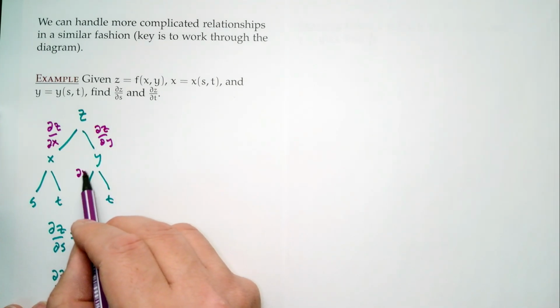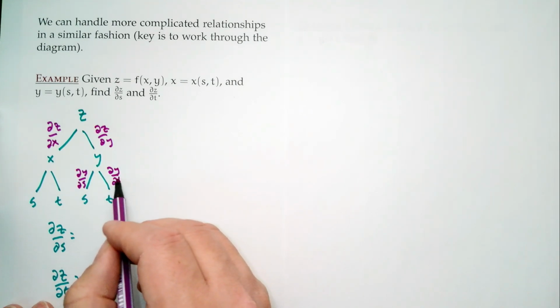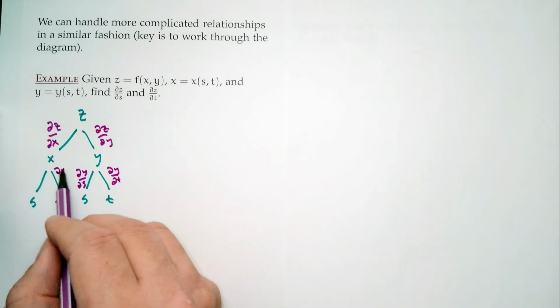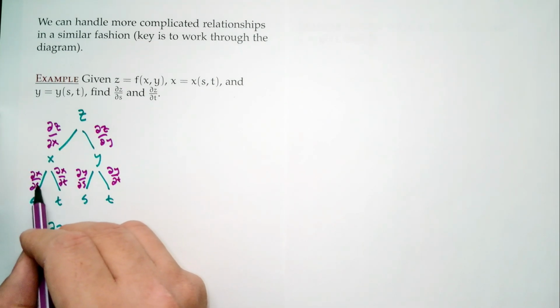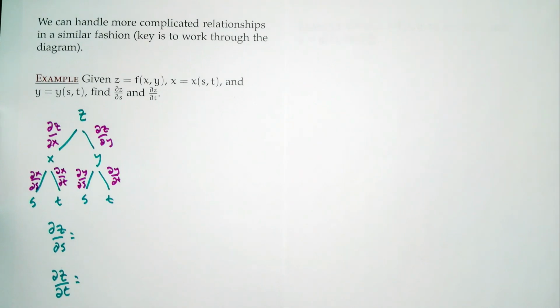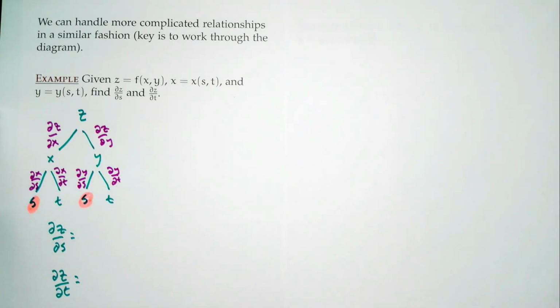I see y depends on two things, partial y partial s, partial y partial t, and similarly partial x partial t, partial x partial s. So if I'm looking for partial z partial s, let's find all the s's. There they are. There's two of them. And now we just read the diagram.